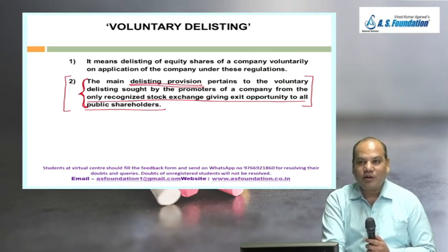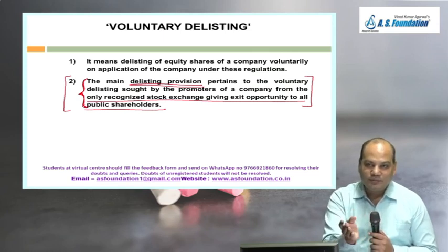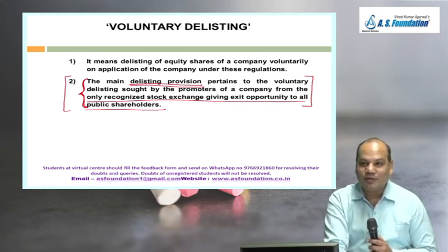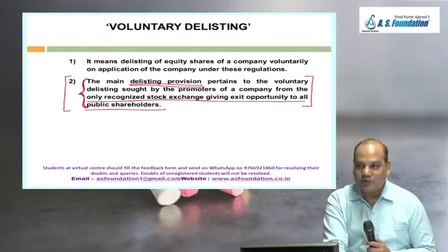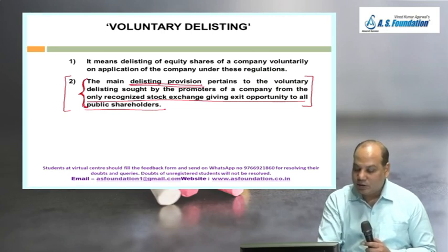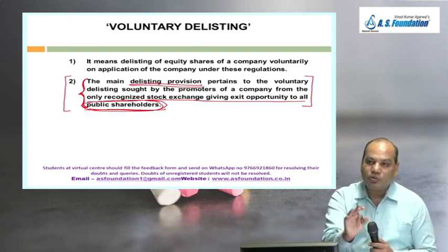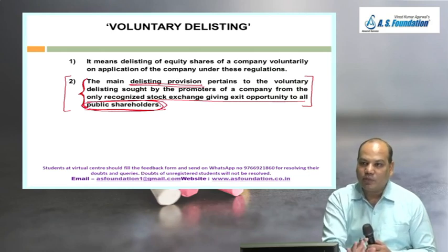I was assuming that the company will be available for trading and anytime I can sell. And then suddenly the company goes for delisting. So don't you think my interest is compromised? So then there is an exit offer that is given to such shareholders. And then their stake would normally be purchased by the promoters. Because otherwise they will not be able to sell their shares. Their money will get blocked permanently.